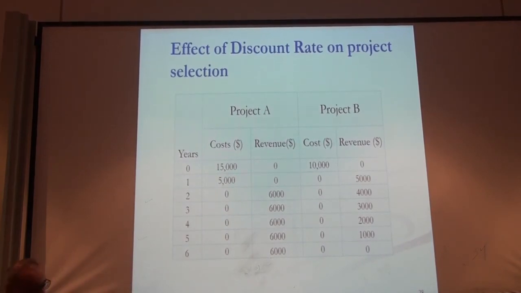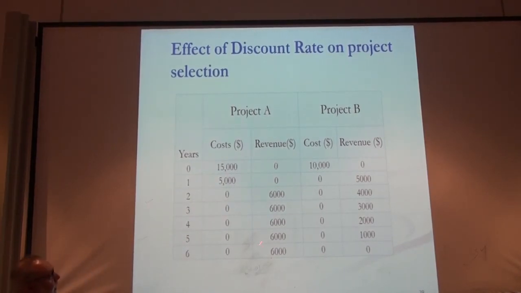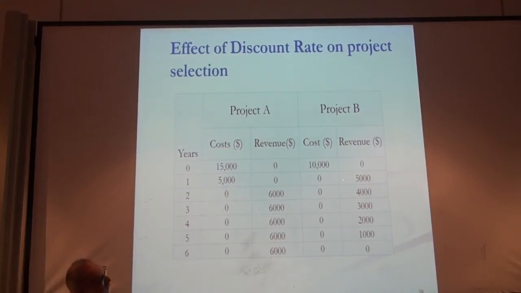Now if you see, if there is zero discount rate, or the time value of money is considered 0, then the cost in this one is 20,000 and the revenues are 30,000. So the difference is 10,000. So this means that this is bringing 10,000 profit if the discount rate is 0. And in this one we have 5 plus 4 plus 3 plus 2 plus 1 is 15, and 15 is the revenue and cost is 10.